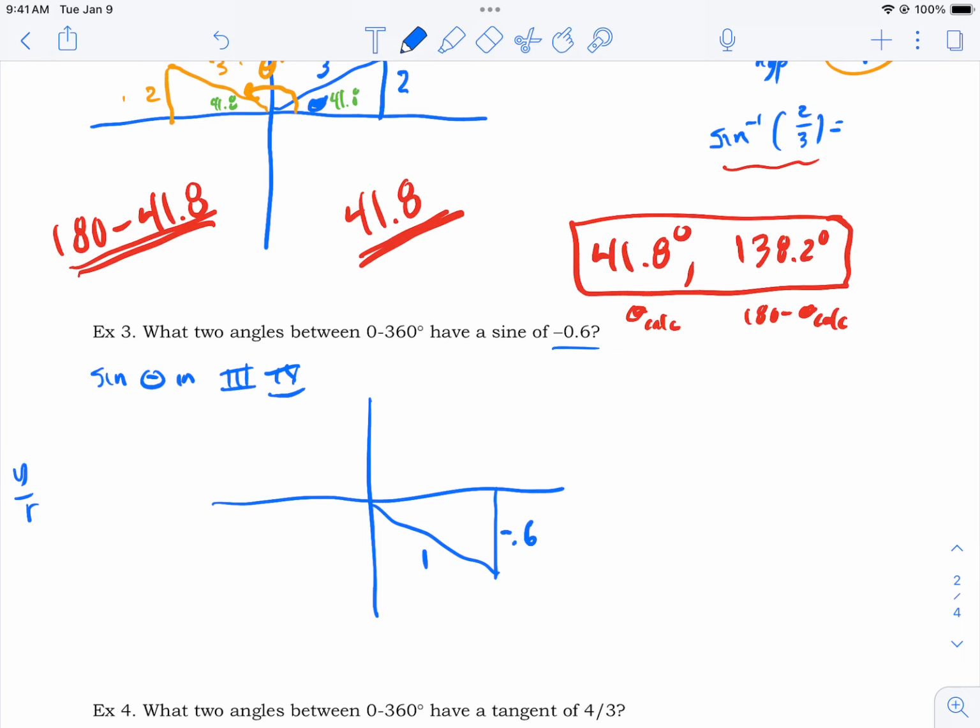So this angle, which is a negative angle, I'm thinking the calculator is going to give us that answer. So let me do that real quick. Shift, sine of negative 0.6, boom. And my calculator says, and I put this in red, theta calculator is negative 36.9 degrees.